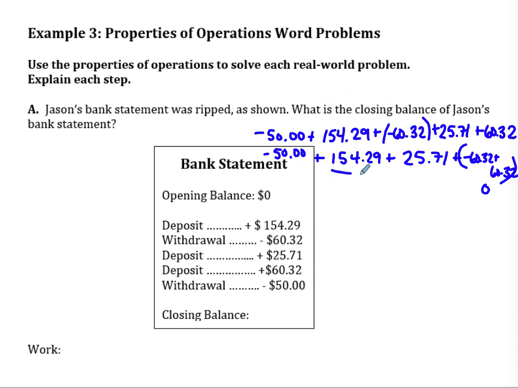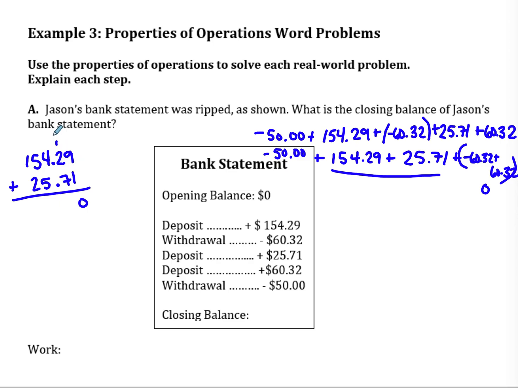Now I can decide which two to add next. I'm going to do same sign, find the sum. I'm going to do my same sign numbers. I'm actually going to do that addition off to the side so I can line up those decimal places. $154.29 plus $25.71. 9 plus 1 is 10.